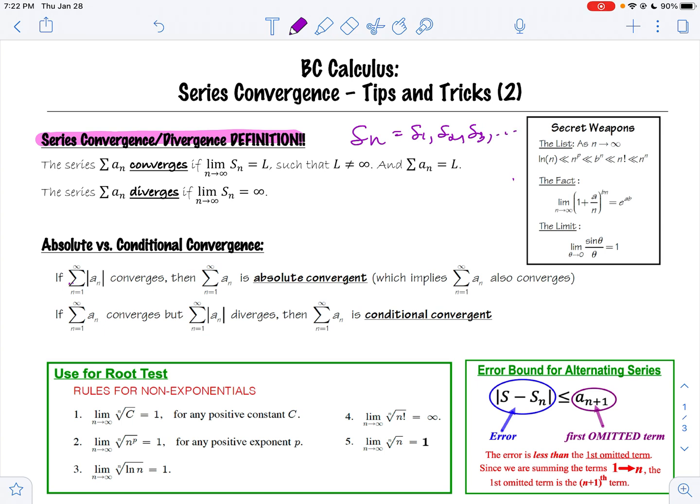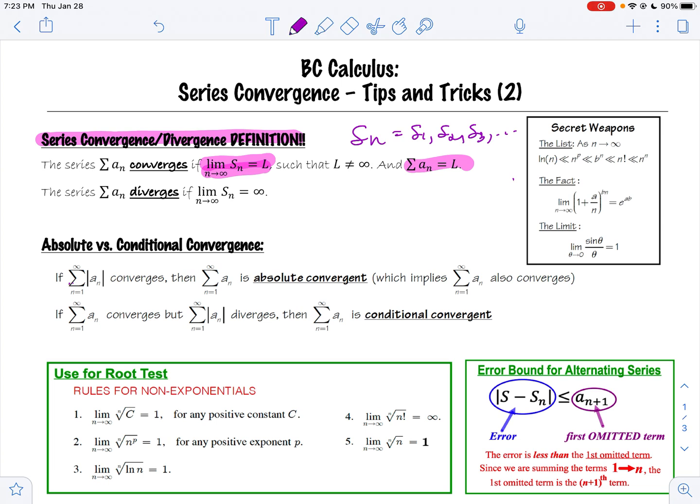So if, for the sequence of partial sums, you send n to infinity and take the limit, and you get some number that's not infinity, then that tells you that the series converges. And not only does it converge, but it converges to that exact value.